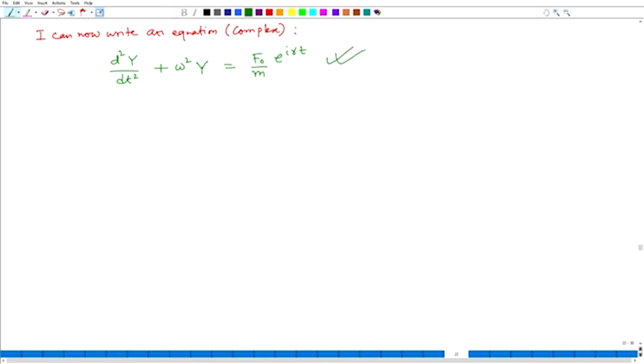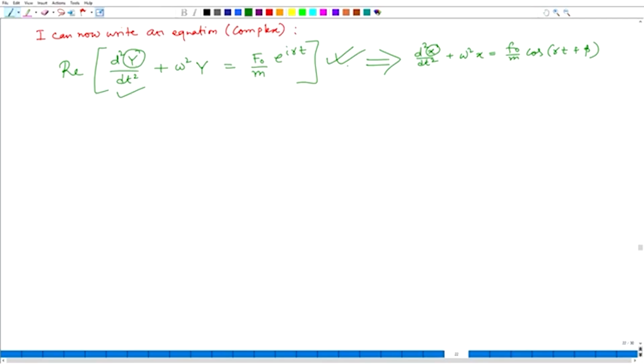My claim, of course, is that this is the complex form of the original equation, which was d²x/dt² + ω²x = (F0/m) cos(γt + β). So, if I take the real part of this, that should give me this, then I can start from this equation and solve for y and finally take the real value of y to find the trustworthy solution for x. Okay, that I can do.